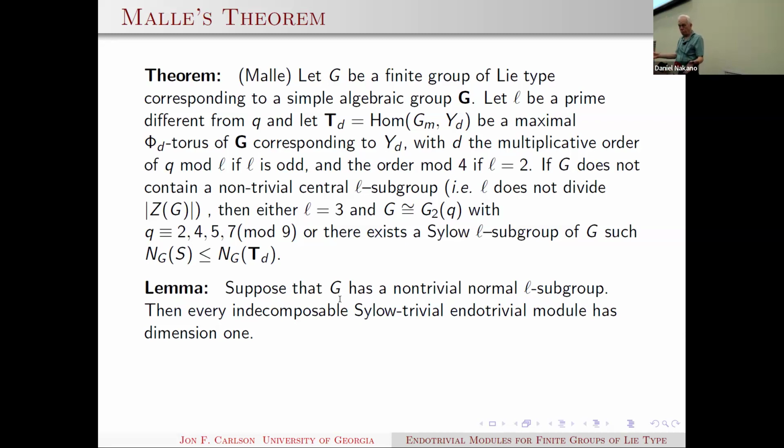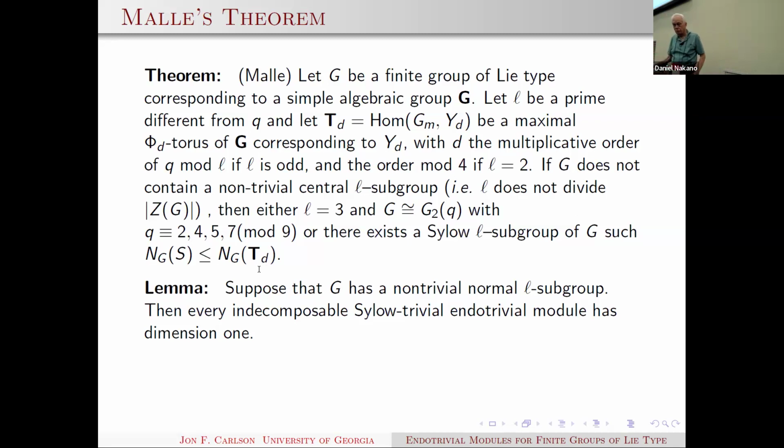We're already done. Okay, so we have to worry about the case where it does not contain such a thing. So other than this outlier, G2, we've got the case that the normalizer in G of S is contained in the normalizer in G of the torus. And this can connect our information about the Sylow subgroup with information about the torus itself.